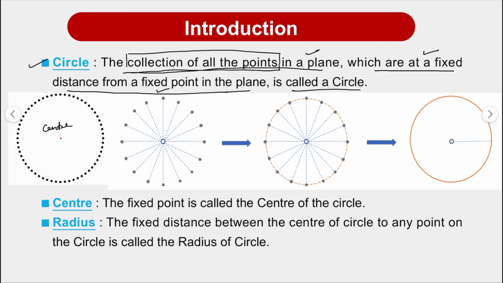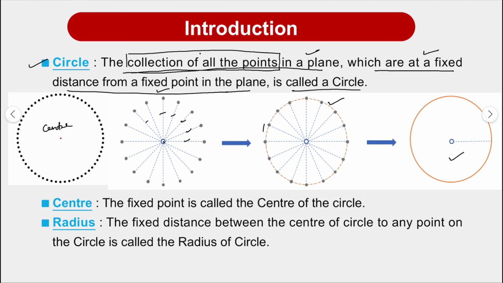We have marked various equal distances from this point. We are taking the center and we have marked these equal distances. All of them are at equal distance, so we have marked many points at equal distance. By joining these points we'll get a shape like this, and this figure is called a circle.